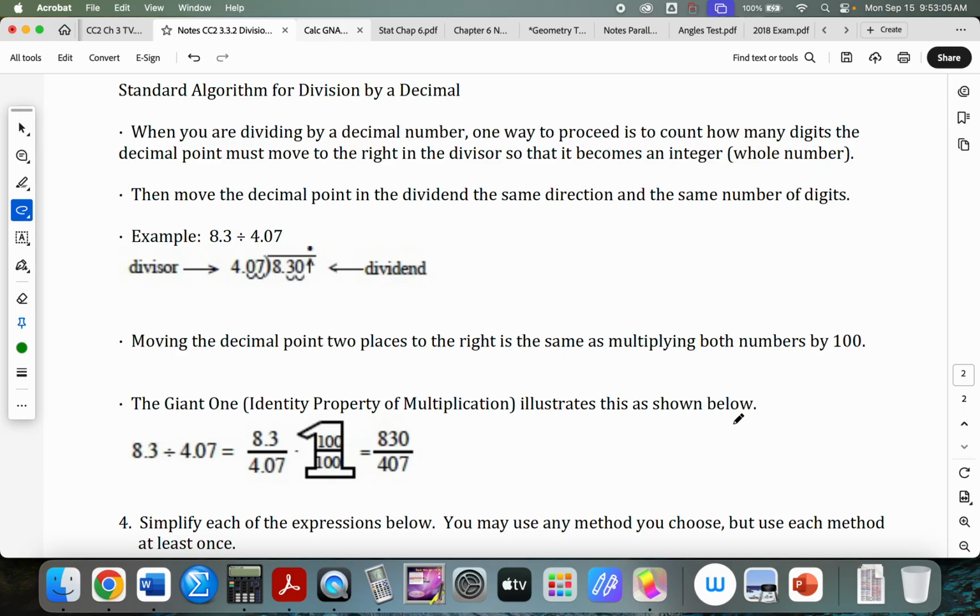So if you've got 8.3 divided by 4.07, the 4.07 is out here, and some of you may have memorized that this decimal needs to be right up against the division sign, so it has to move 2 places. So this decimal must also move 2 places. Well, when you move those 2 places, what are we actually multiplying by?